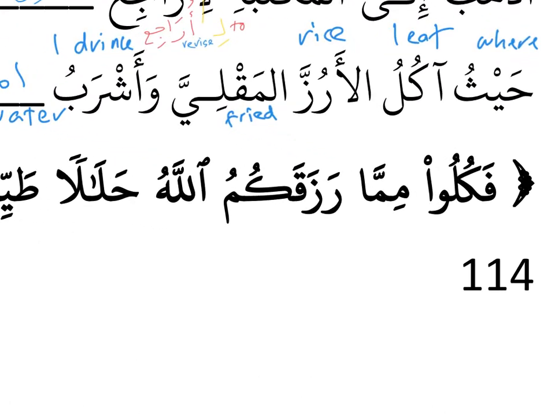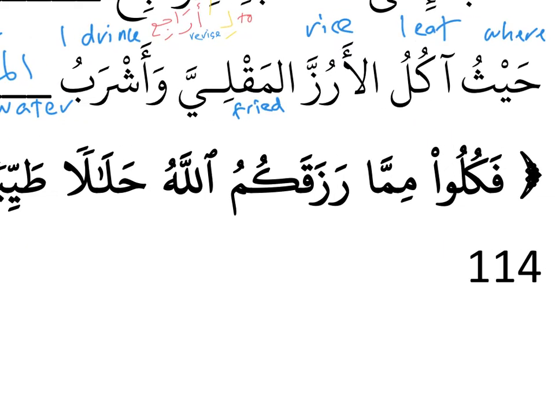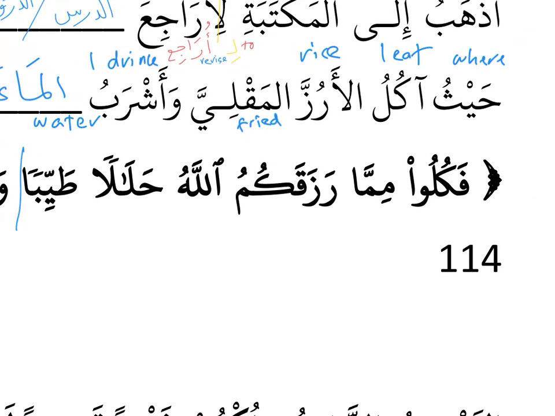This verse. فَكُلُوا مِمَّا رَزَقَكُمُ اللَّهُ حَلَالًا طَيِّبًا. فَكُلُوا. Fa, here we have fa, and kulu here means eat, and this is a command verb, and the waw here is to say all of you, so we say kulu.